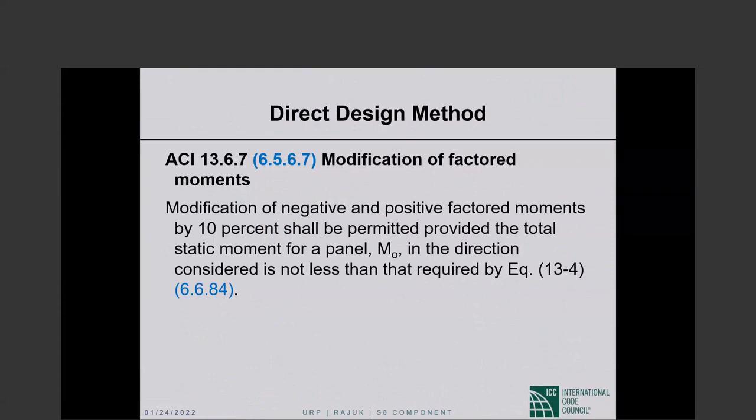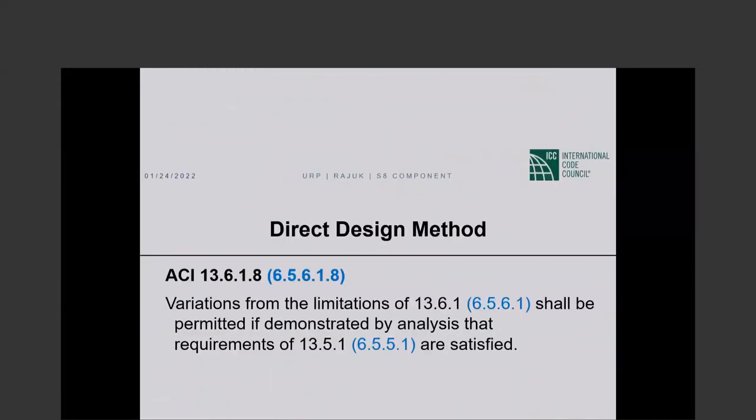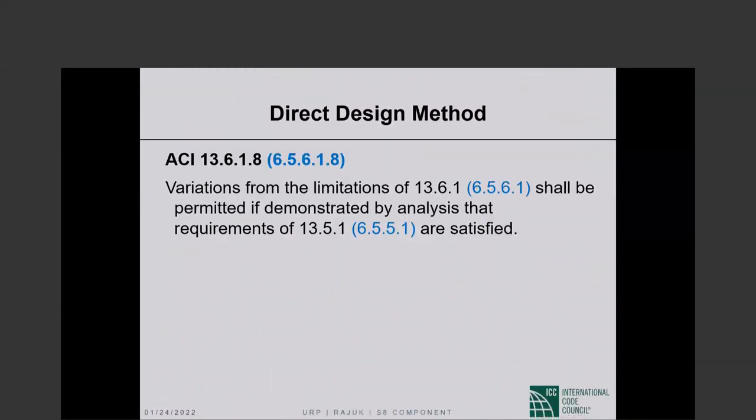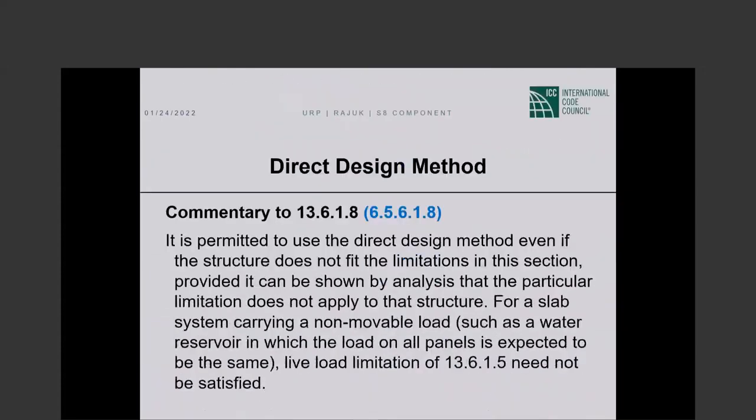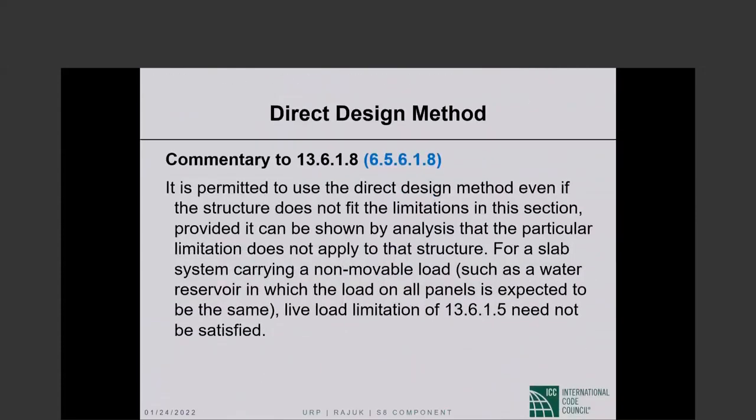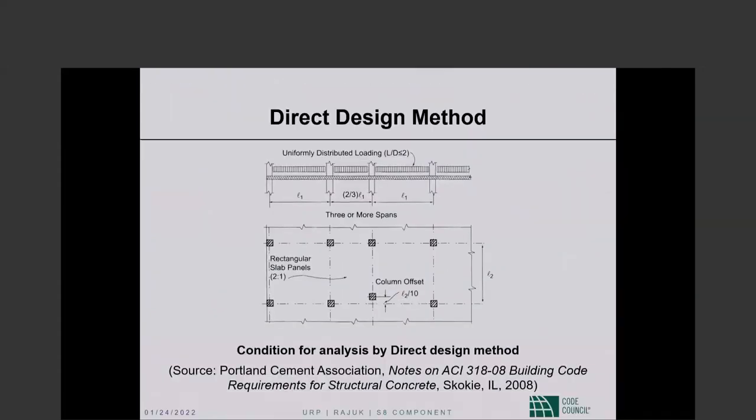Same thing: modification of negative and positive factored moments by 10% shall be permitted, provided the total, you cannot violate statics. Now, variations from the limitations shall be permitted if demonstrated by analysis, those things, I don't know how important. This also I will let you read.